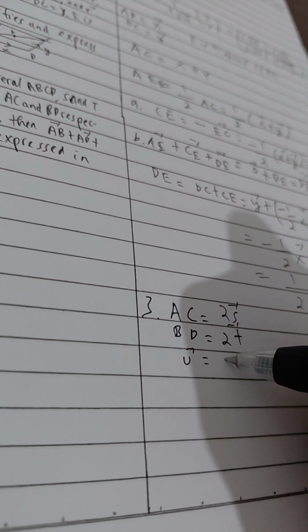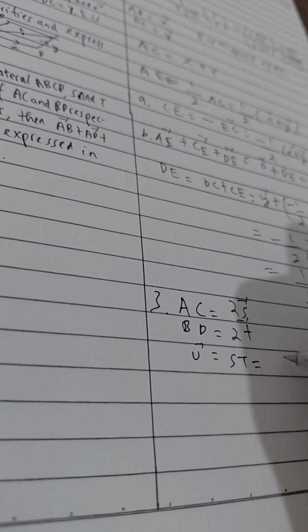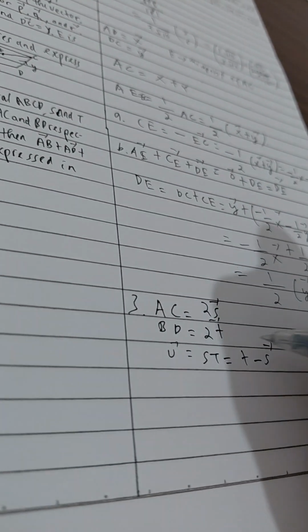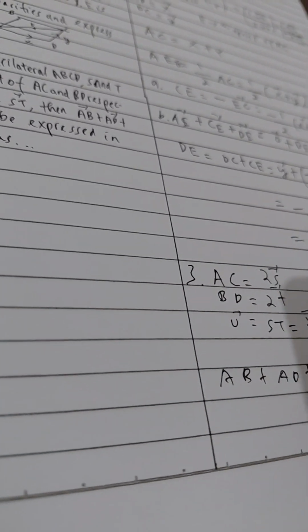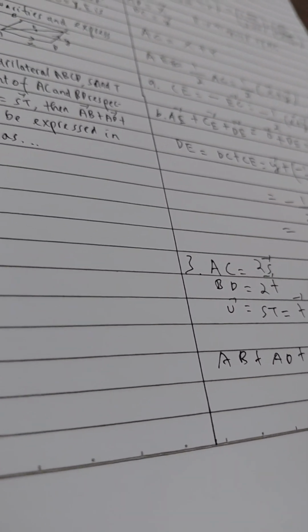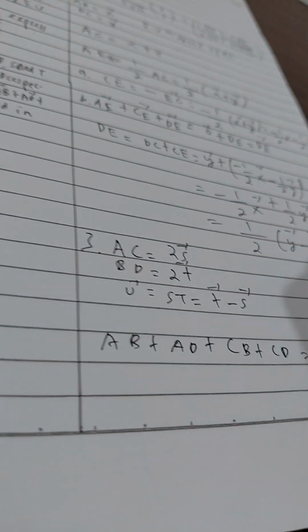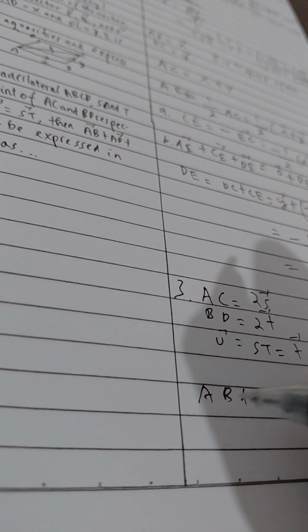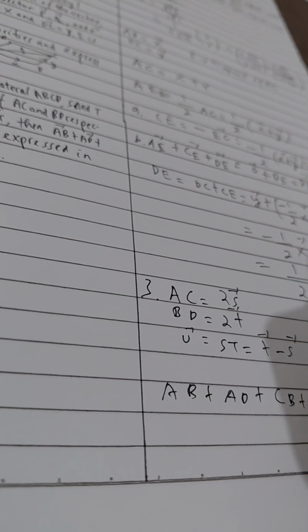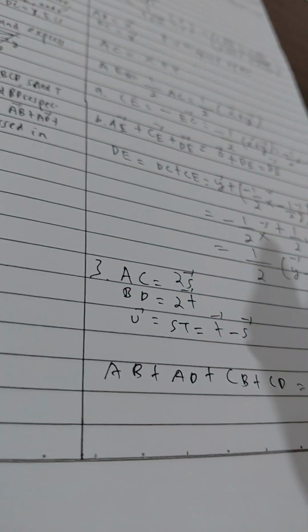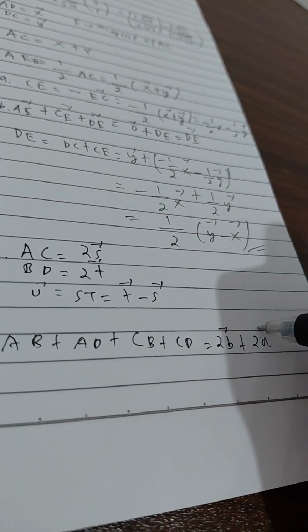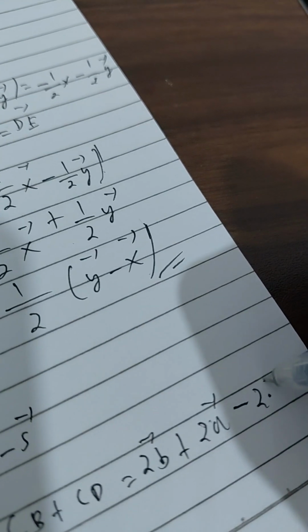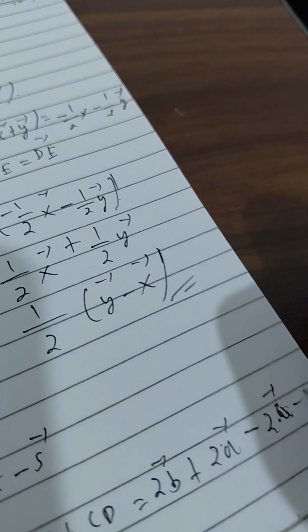Given u equals ST equals T minus S. Now expand AB plus AD plus CB plus CD. It equals 2B plus 2D minus 2A minus 2C.